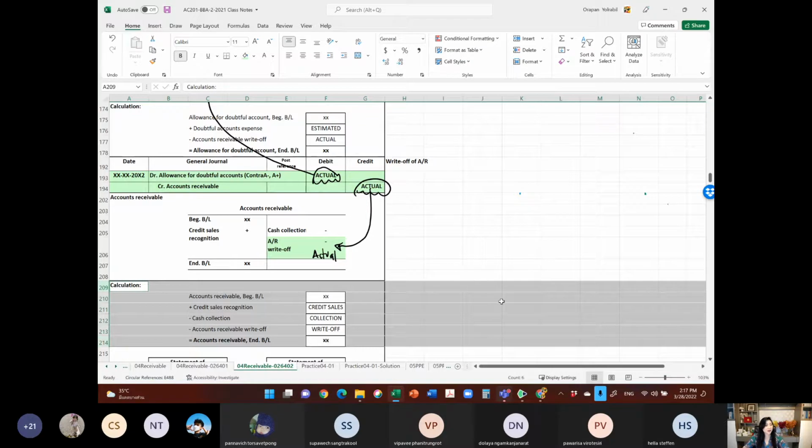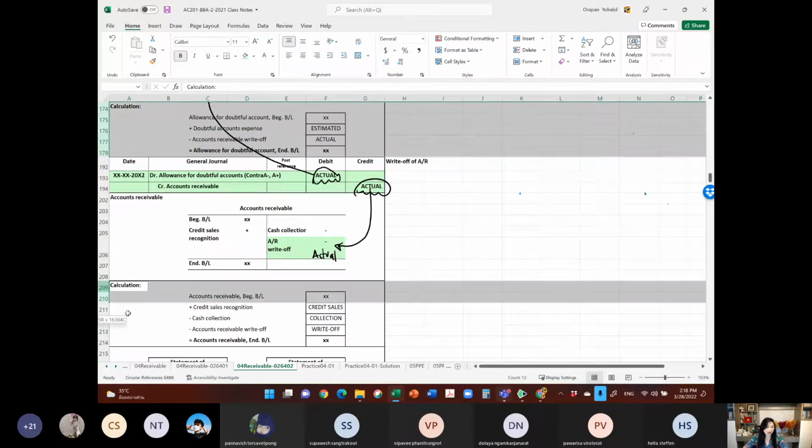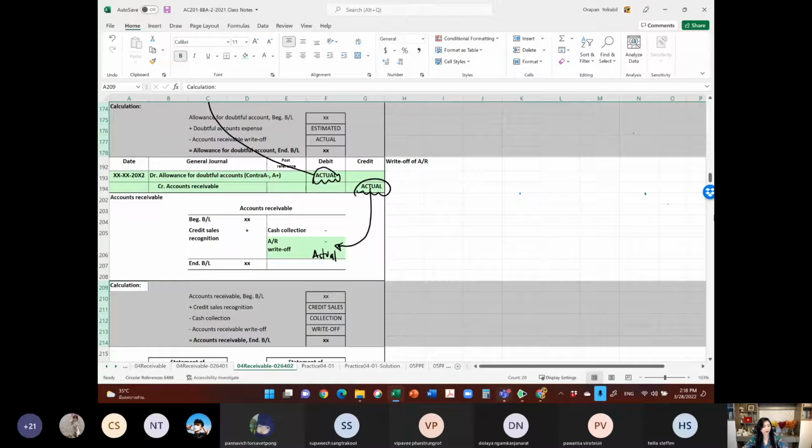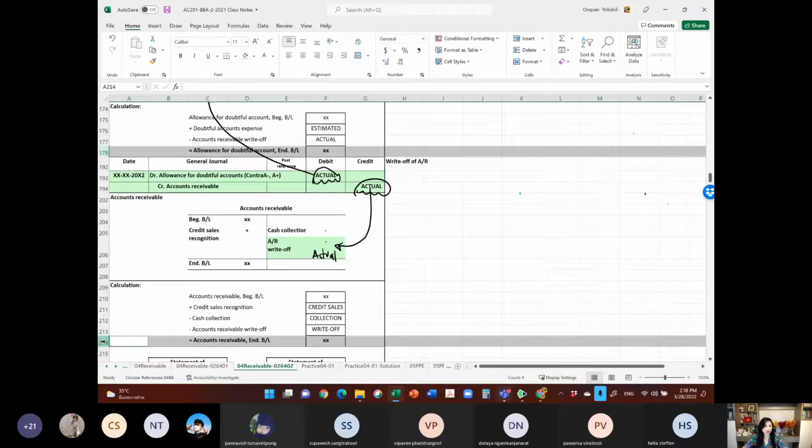So this is the ending balance of the receivable. Okay, so hopefully you understand the calculation of the allowance and the calculation of the AR. Any questions on the calculation? Because it's very important that you understand both.